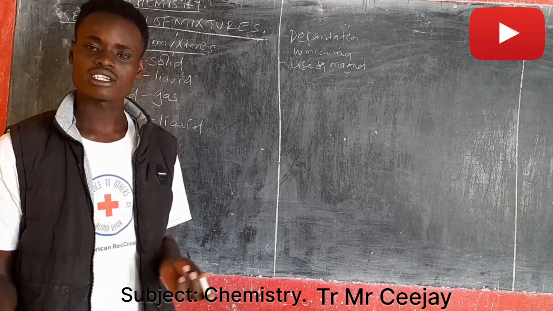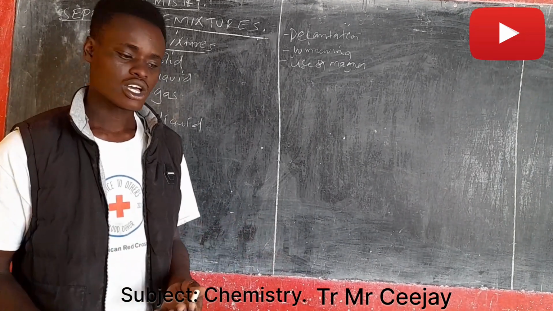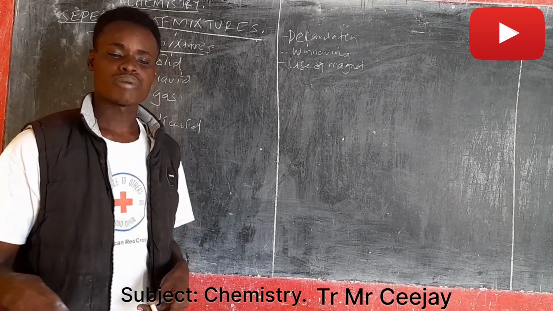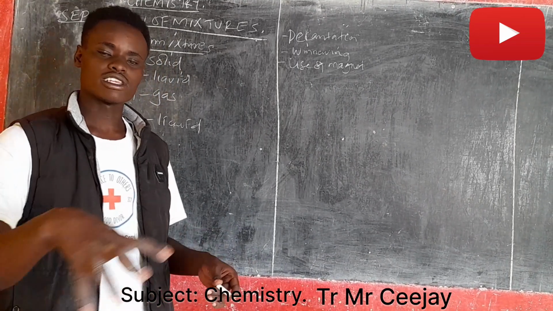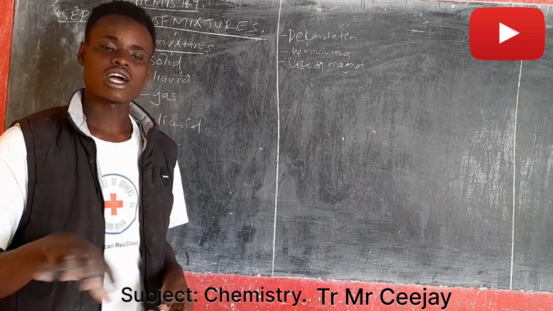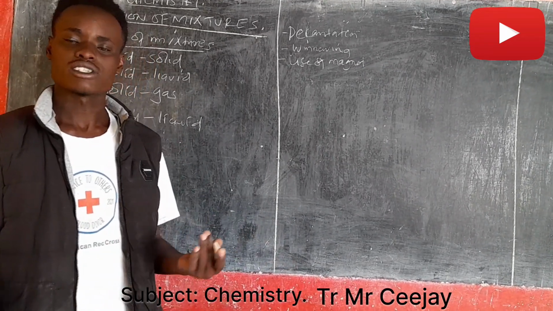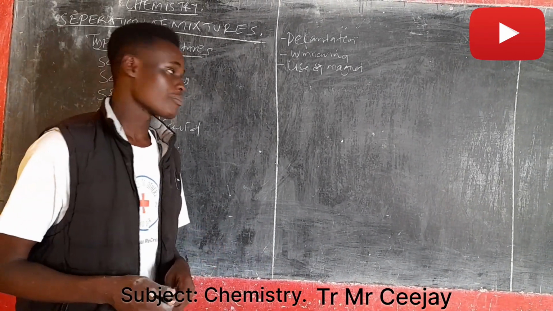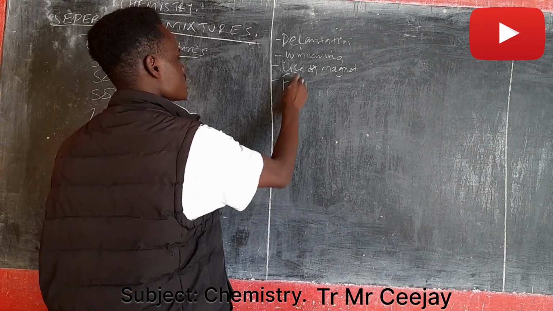How can you separate them, because they are all tiny? You just pass the magnet over the mixture and pick the iron filings, because they are attracted by the magnet.